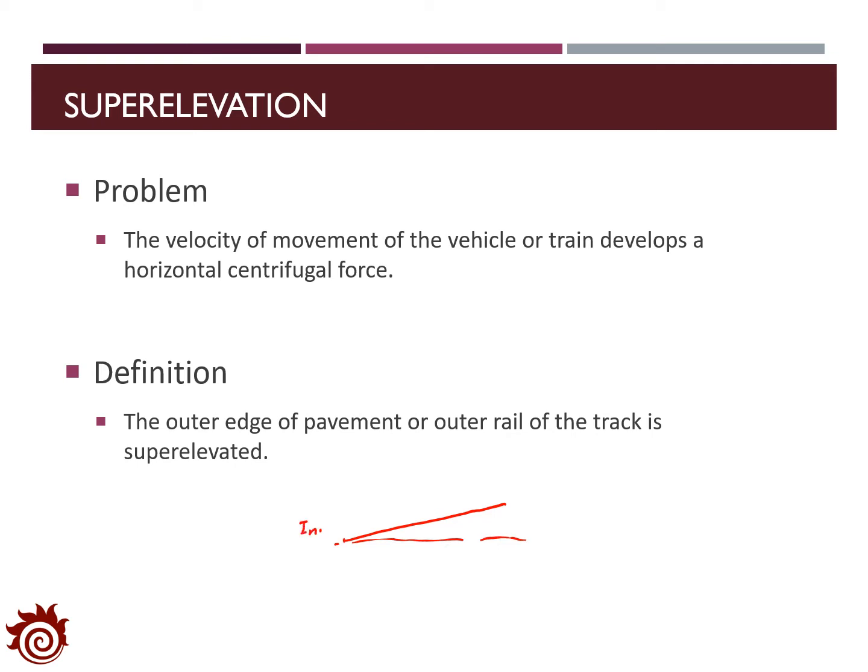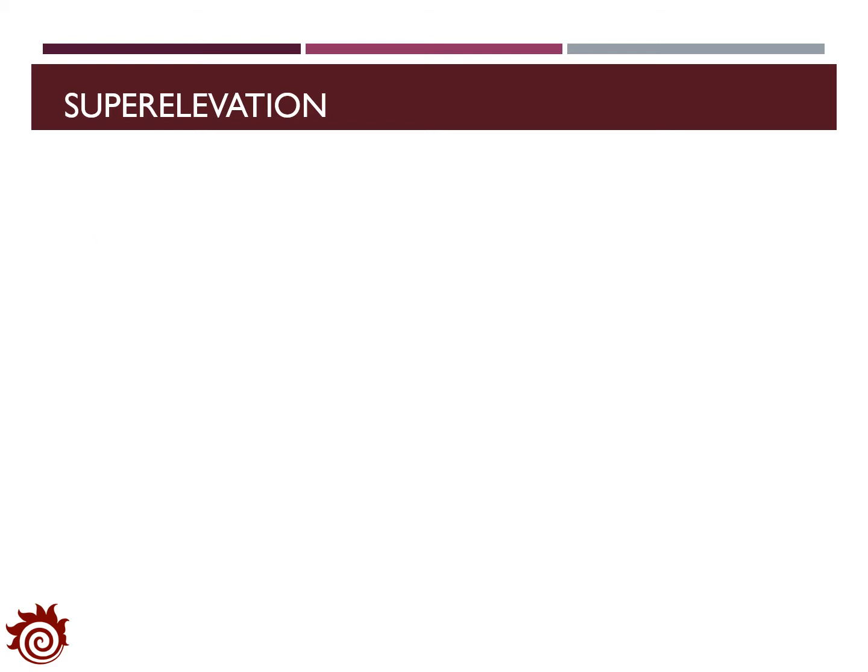This is the inner and this is the outer. We will have a certain slope applied to the pavement. The design of the super elevation is applied to prevent the centrifugal force.